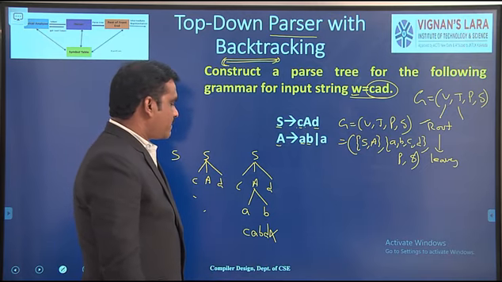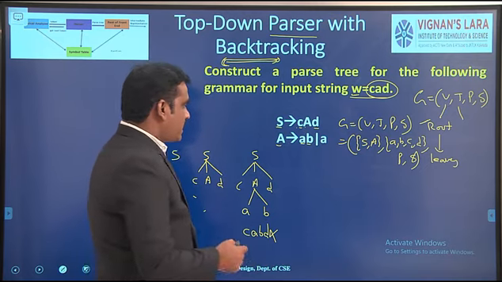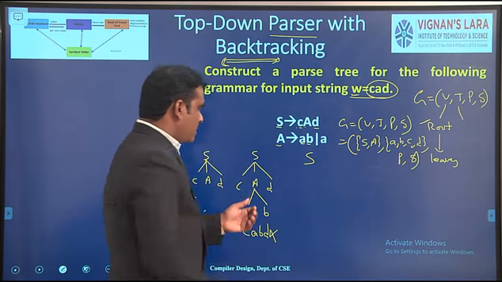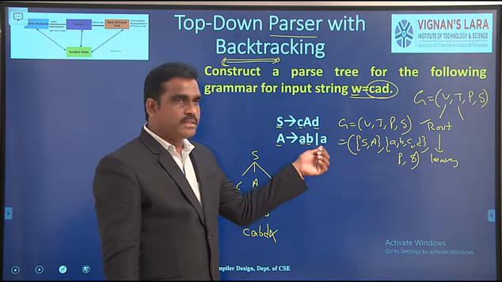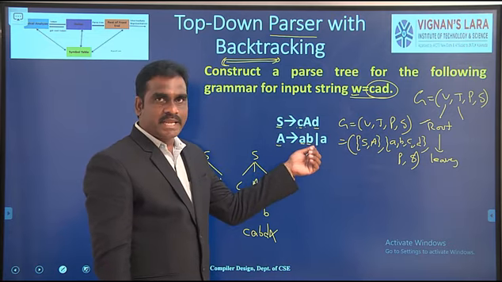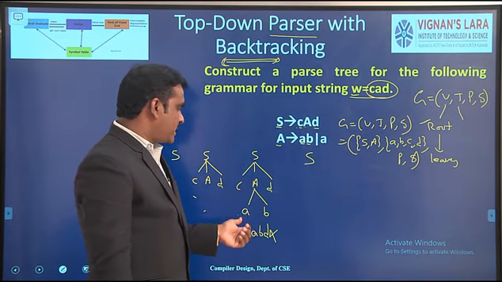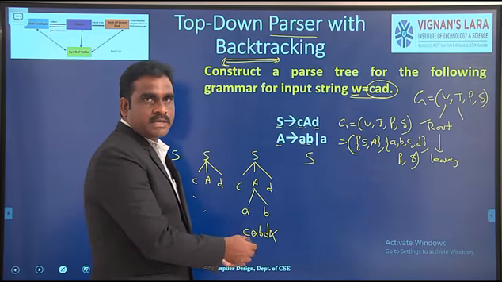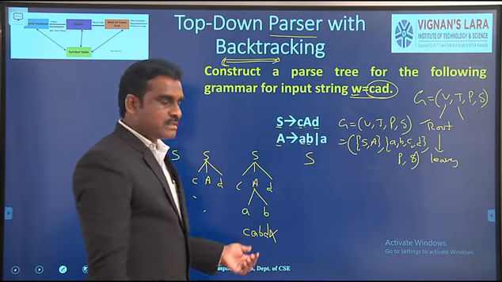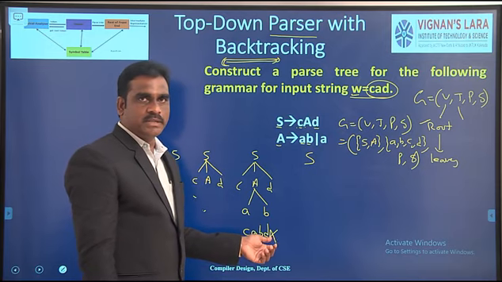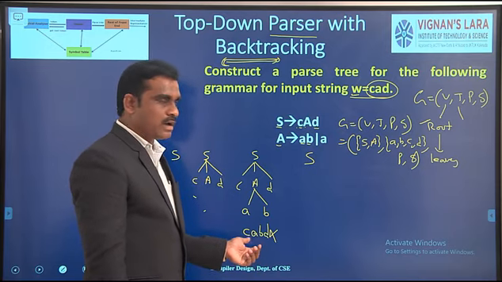So what happened? Here A has 2 options, one is AB, another one is small a. First I selected AB and finally derived some string, but our objective is to derive CAD. In this case we derived CABD, so this is the wrong one.